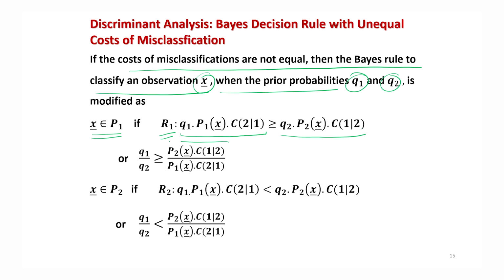This can be written as Q1 upon Q2 greater than or equal to P2(x) C12 divided by P1(x) C21. You can see that if these costs are equal, they will cancel.